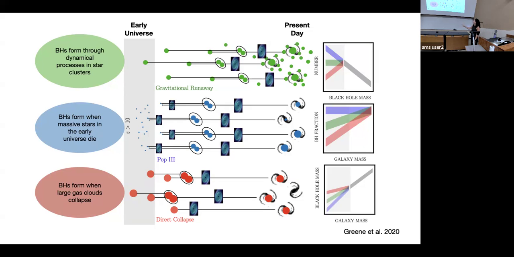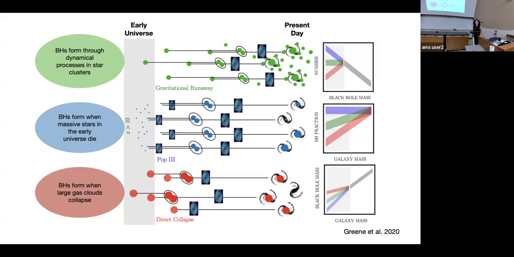There's a few different pathways here. We'll start from the bottom. This is called the direct collapse pathway, and it basically says that the seed for today's supermassive black hole forms from the direct collapse of a really massive gas cloud in the early universe.